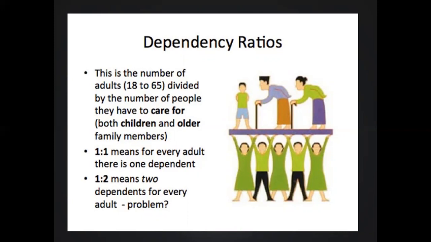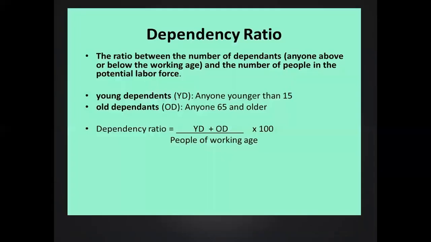Dear cadets, here 1:1 means for every adult there is one dependent, and 1:2 means 2 dependents for every adult. Dear cadets, dependency ratio: the ratio between the number of dependents and the number of people in the potential labor force.